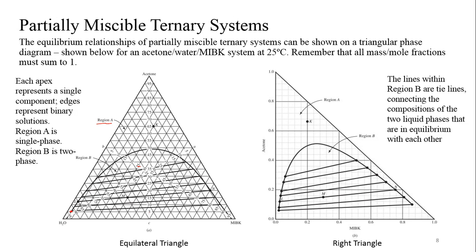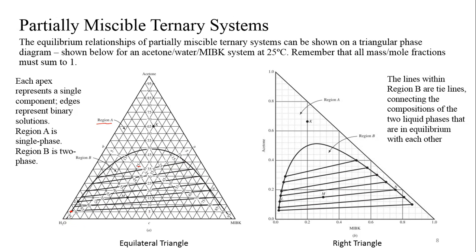We know it's 5% acetone, but there's also going to be some MIBK in it, and some water as well. Looking at this, the amount of water is going to be in the 93% range. Here's the water composition going along this way. There's 90, there's 95.